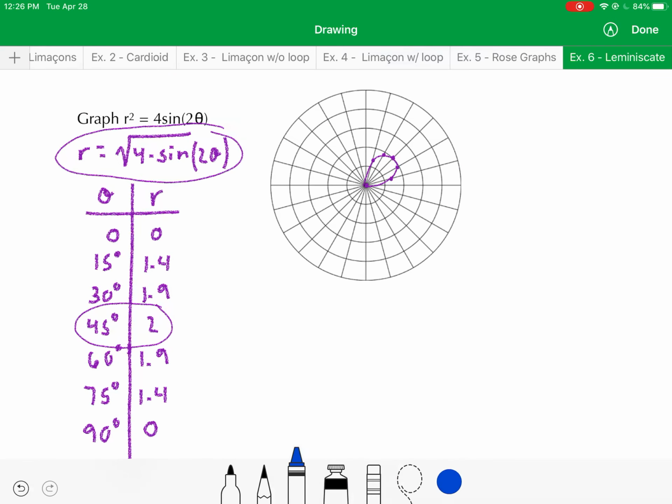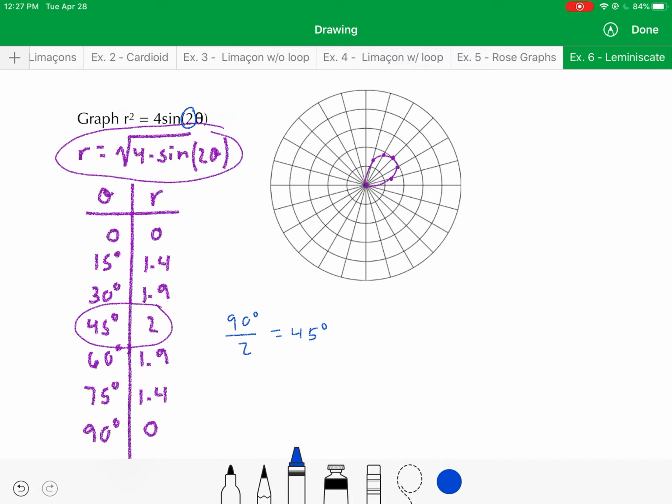Well, in this case, the n value is 2, so 90 degrees divided by 2 is 45, okay? So just wanted to show you that similarity with the rose equations.